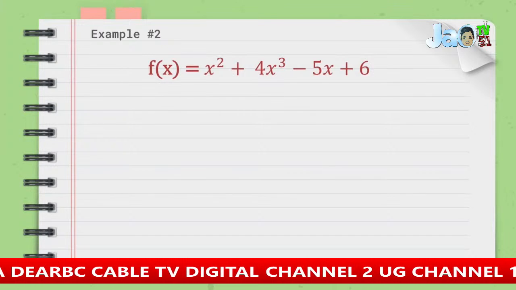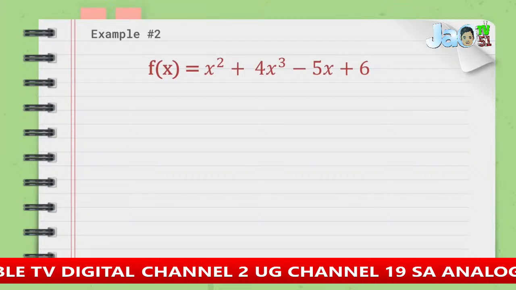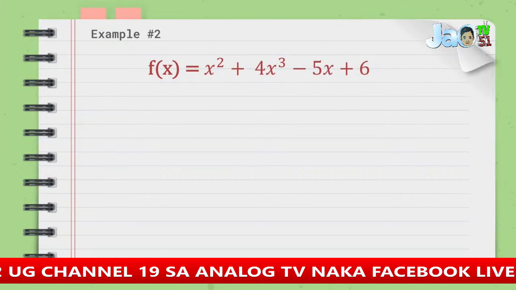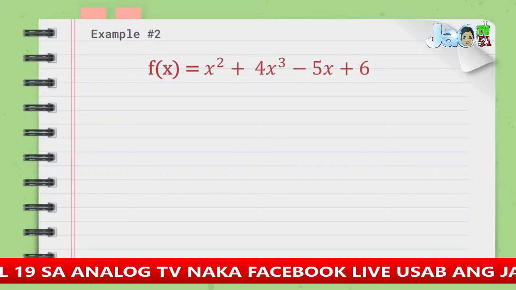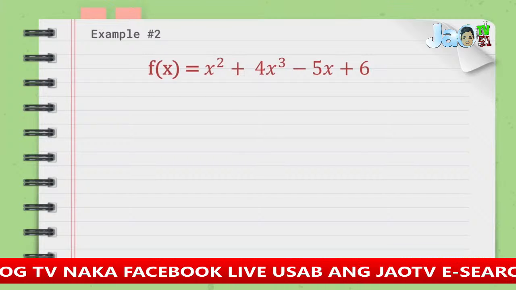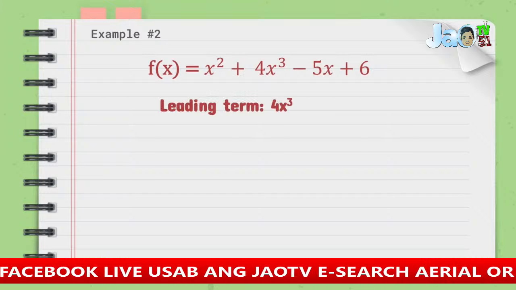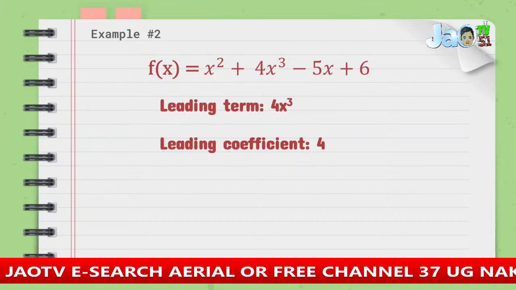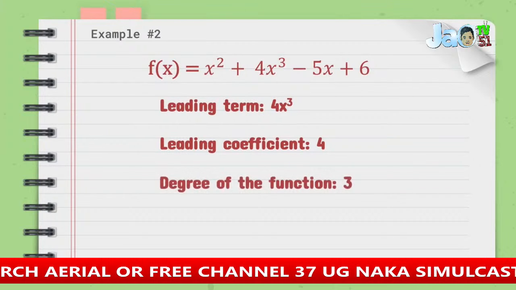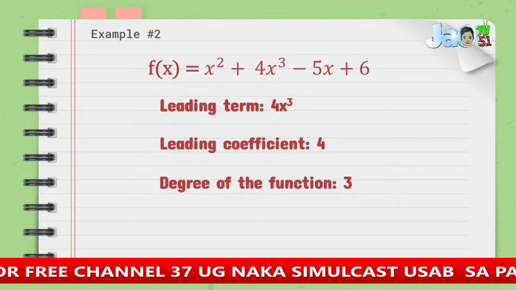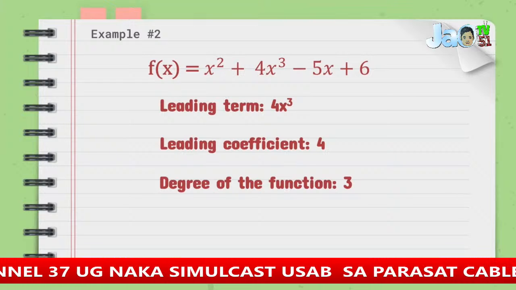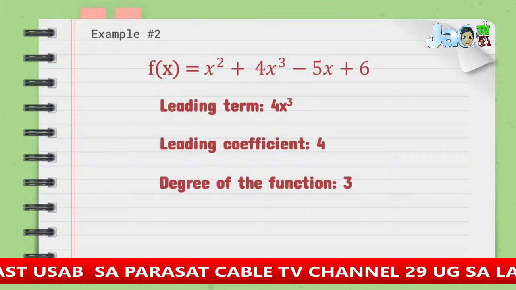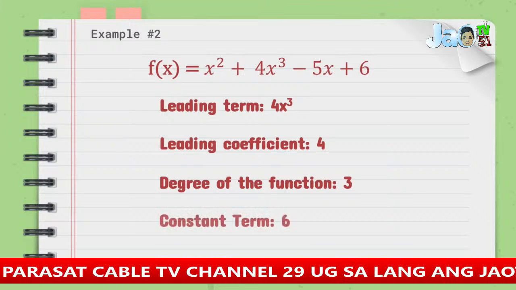To determine the leading term, just look at the term with the highest power of x. In this case, that is 4x cubed. The leading coefficient, therefore, is 4. And the degree is 3. So it means that this is a cubic function. The constant term is 6.